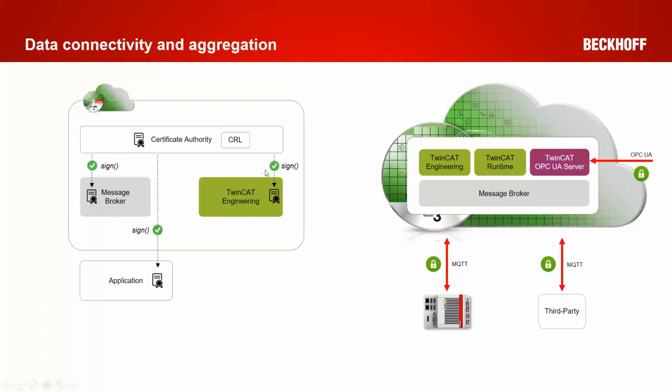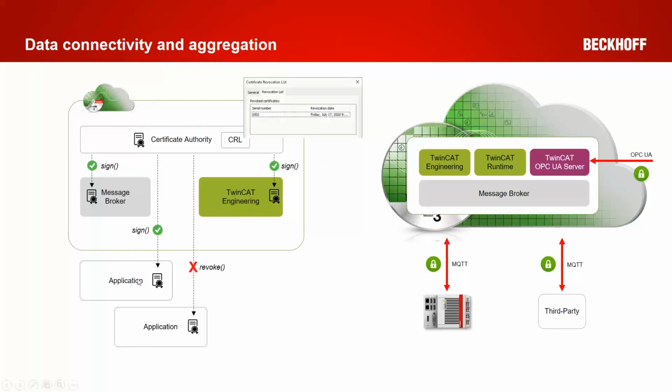The first client is, of course, the local TwinCAT engineering, which is running on the instance, because the local TwinCAT should create an ADS over MQTT route to the message broker. And of course, the message broker itself will also have its own server certificate, which has been signed by the certificate authority. And every external application that should access or speak with the message broker will also get a certificate that is signed by the certificate authority.